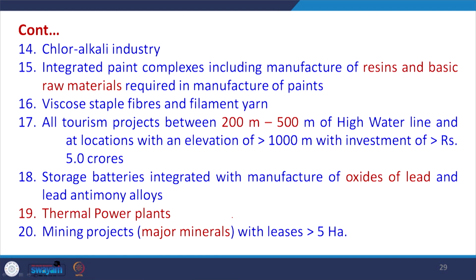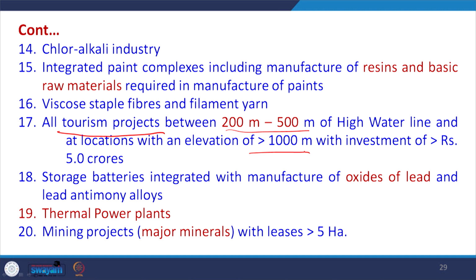are all made mandatory, chloralkali industry, integrated paint complexes, viscose staple fibre industries and yarn industries, all tourism projects between 200 meter and 500 meter of high water line or at a location with an elevation of 1000 meter, and with an investment of rupees 5 crore or higher are mandatory to carry out EIA.